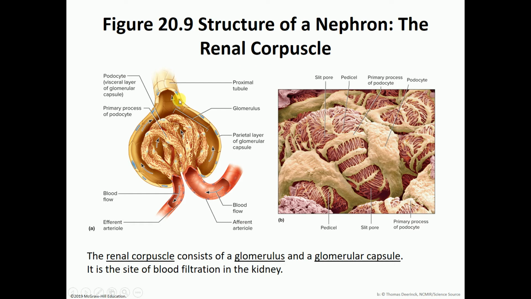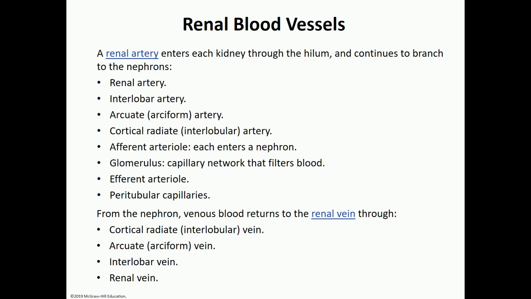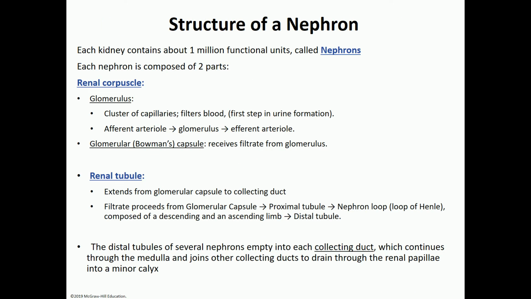Now, going beyond the corpuscle, you can see here the proximal tubule, and those are going to make the second part of the nephron, which are your tubular system. So from the proximal tubule down to the nephron loop, the descending followed by the ascending loop.